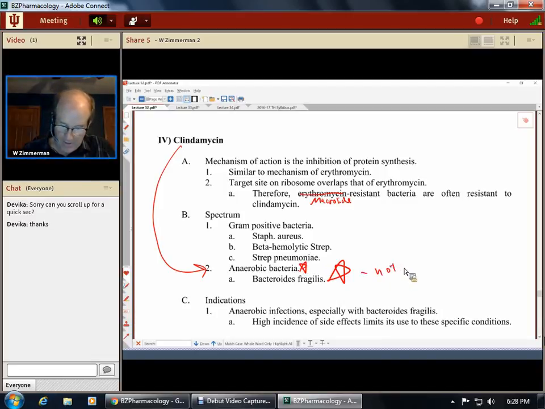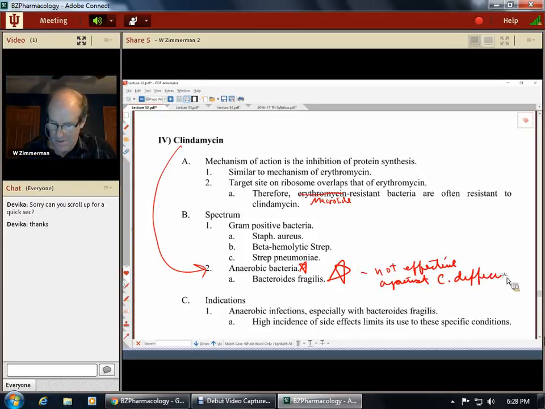And it'll work on most anaerobes. It is not effective against Clostridium difficile. So, as a matter of fact, it's probably one of the worst drugs for causing an overgrowth of Clostridium difficile.